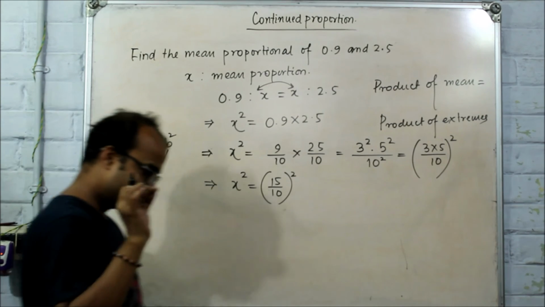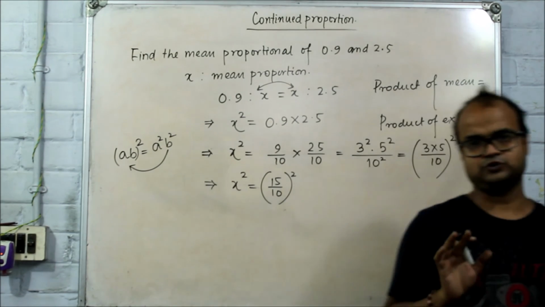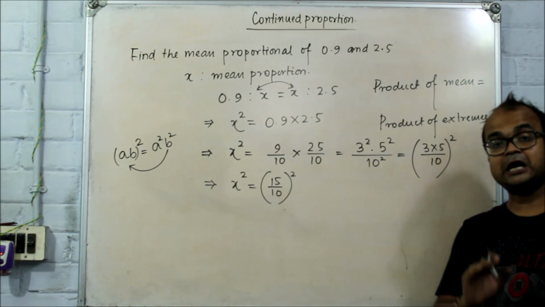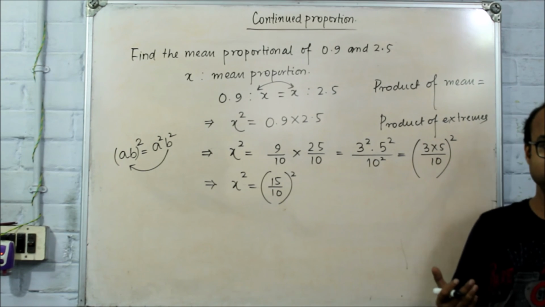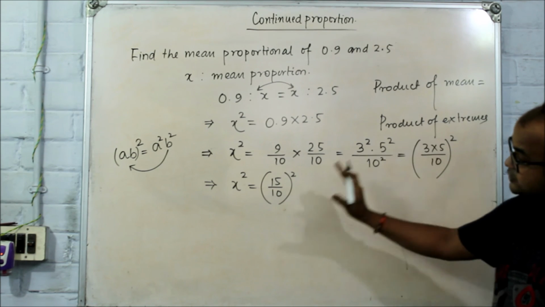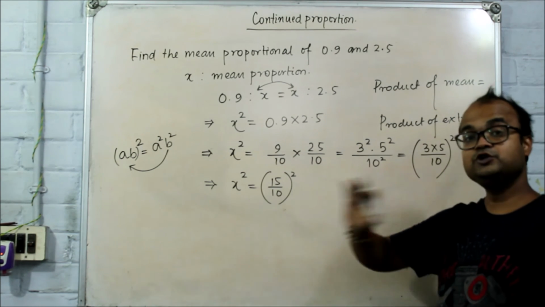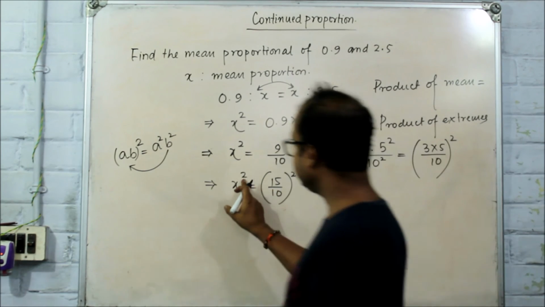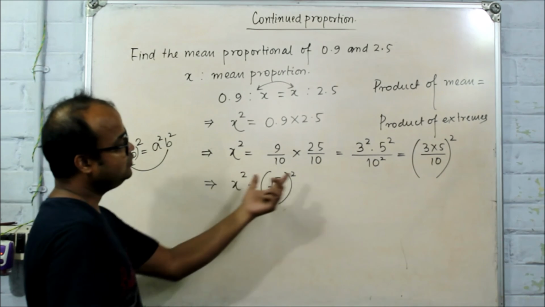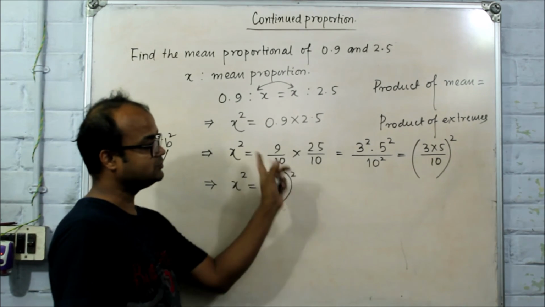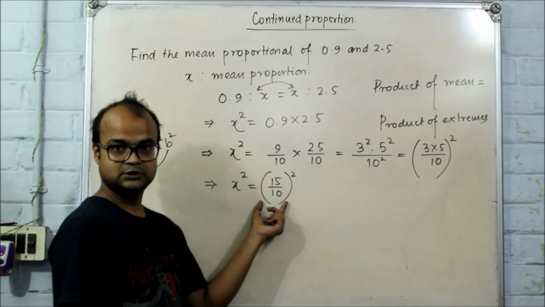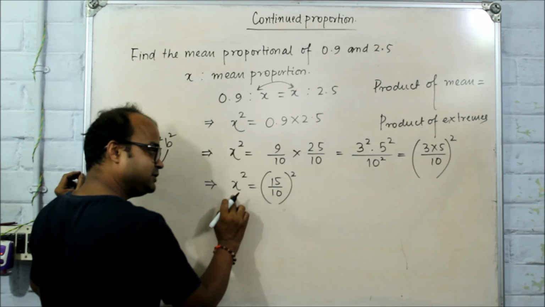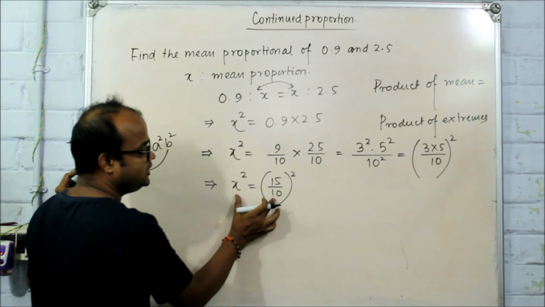Clear? Now students, why am I taking this approach? Since square and square root are not in the scope of the syllabus, we use the concept of exponents. x square is given, so I am trying to write these terms as squares of some numbers so that the power is the same. By exponent theory, indices theory, this will be same.